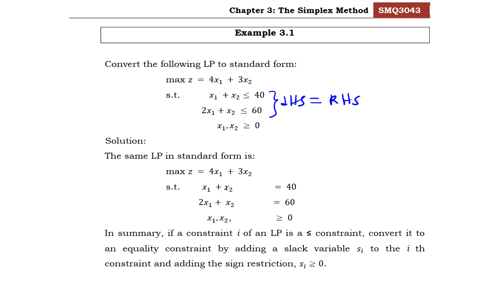So x1 plus x2 plus s1. 1 here because this is the first constraint. Then for the second constraint, 2x1 plus x2, because it's also less than or equals to, therefore we need plus s2.